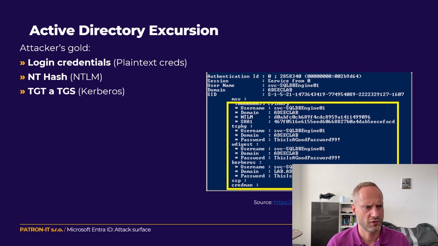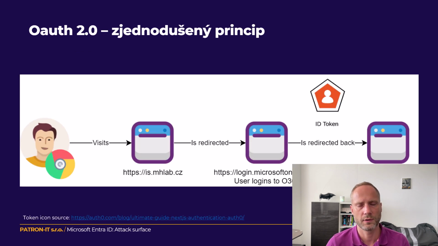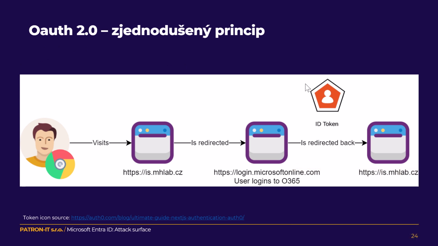So the question is, do we have something similar to NT hashes and TGT tickets in Entra ID? And the answer is yes, we have tokens there. It works like this, for example: the user visits some information system, for example is.mhlab.cz. But the application of this information system is integrated with Entra ID. So the information system redirects the user to Microsoft.